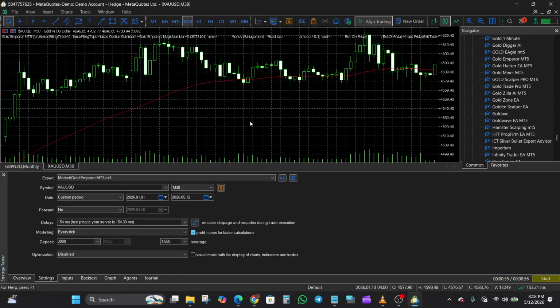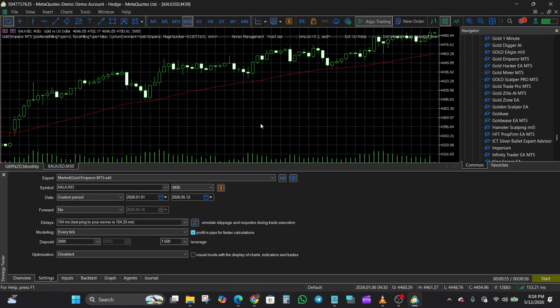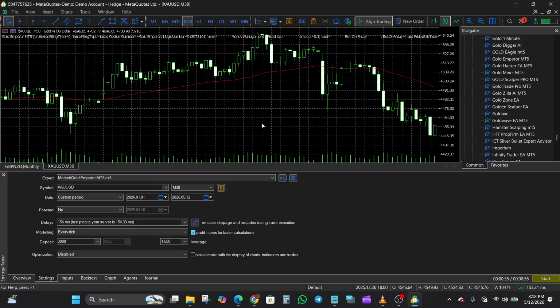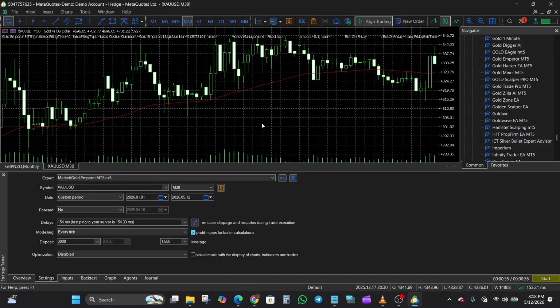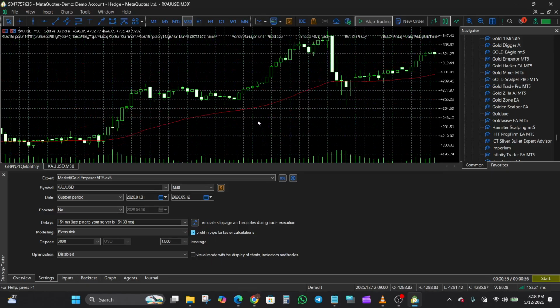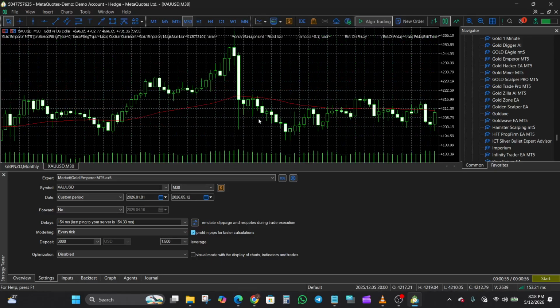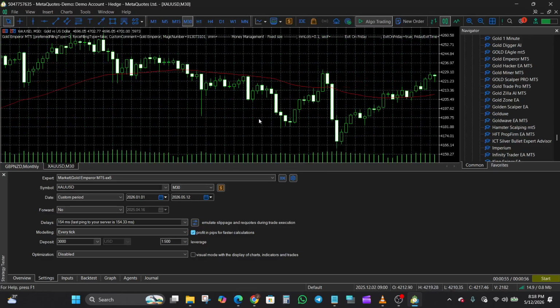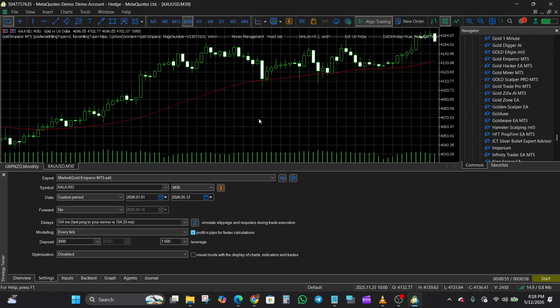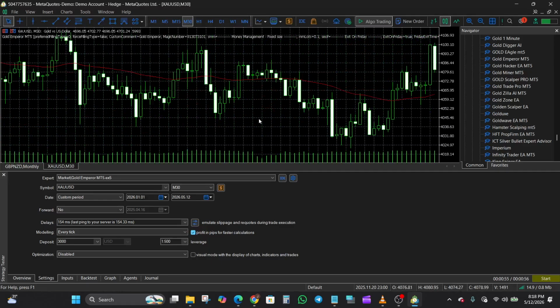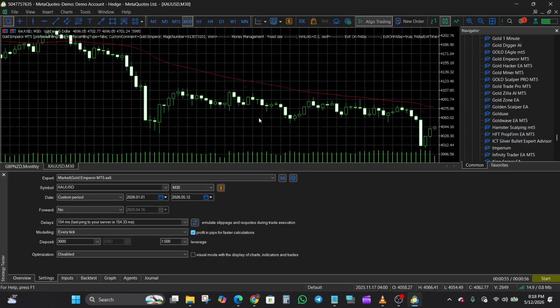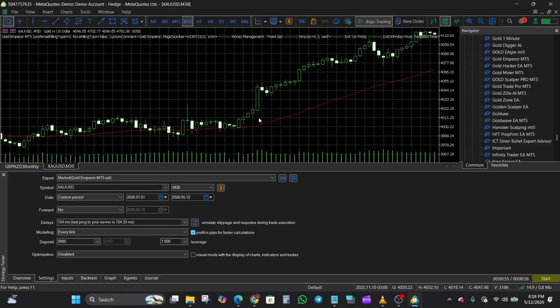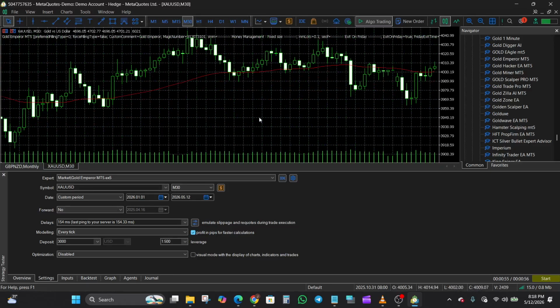Okay, so now we have the chart. When reviewing the historical chart activity, so far, you will notice that the system appears relatively selective with entries. I'm still looking for the entries.